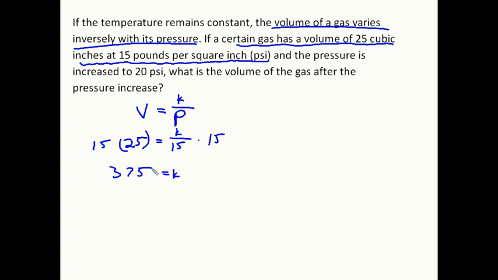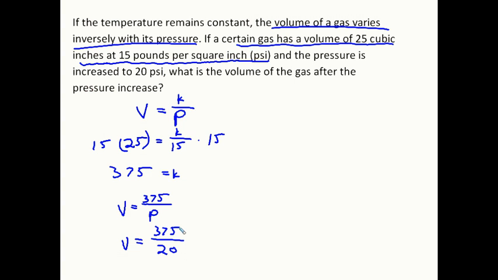We can now write our general equation. We know that the volume is going to equal 375 divided by p. And we can find the answer to our question. It says the pressure is increased to 20 psi, so we're going to go ahead and put 20 in for our pressure. What's the volume of the gas?